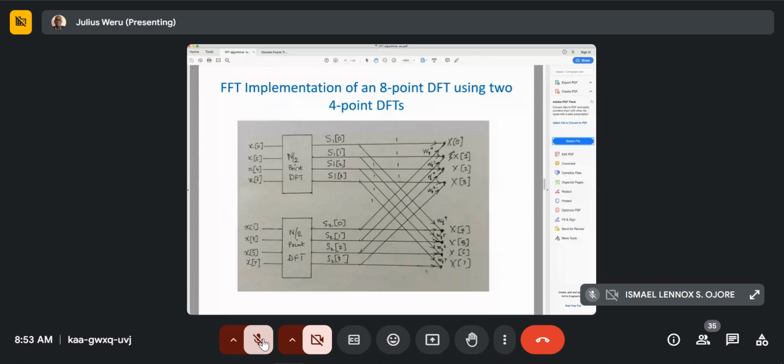And what we are saying here is, to get x of 0, you are going to have S1 of 0. This is called a butterfly diagram. For this one, we are doing the butterfly diagram specifically just for the first split.